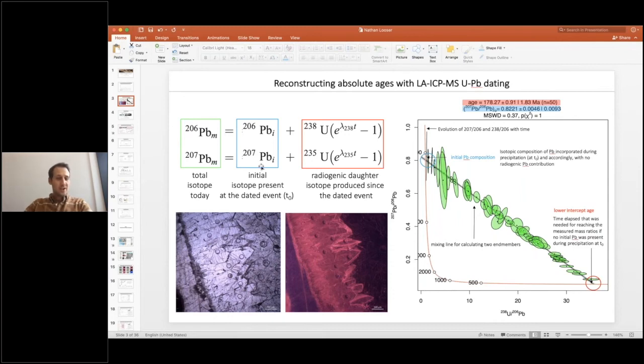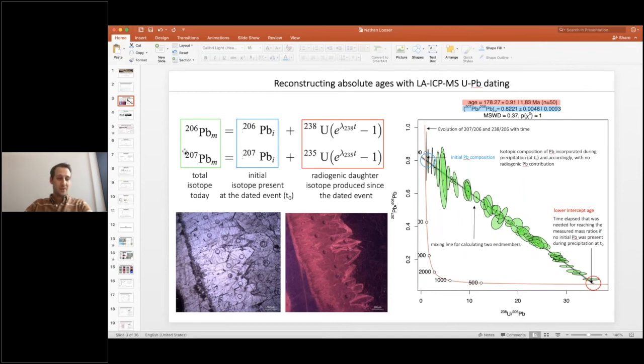So we actually measure two decay systems, and the theory behind that is that we have a total isotope inventory today, that's 206 and 207, and these two are actually formed by the nuclear decay from 238 uranium to 206 lead, and from 235 uranium to 207 lead.